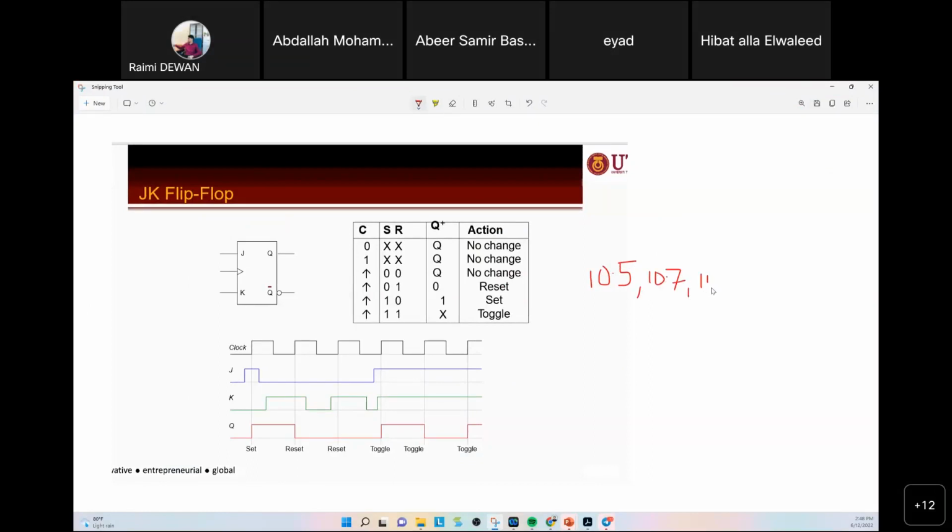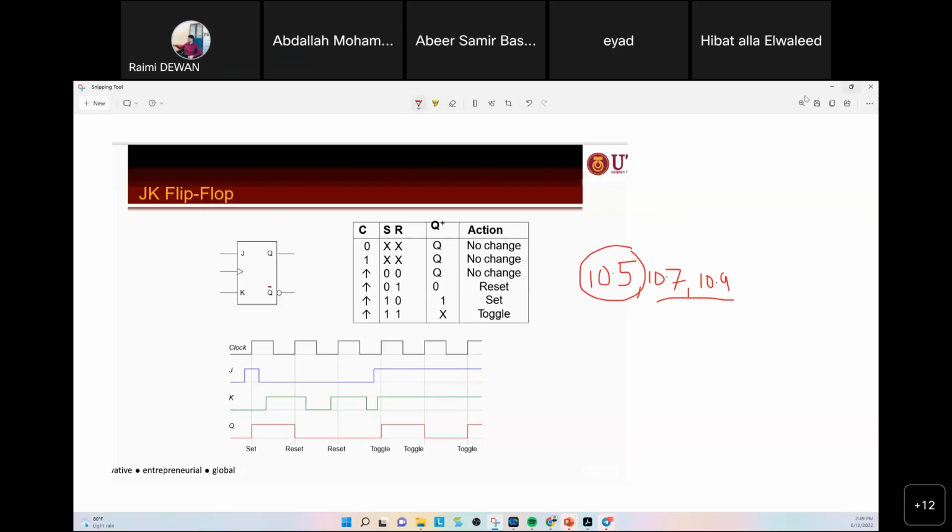I will pick at random which one to be discussed. You have done 10.5 previously, so you just need to do 10.7 and 10.9. Please try to do that, because if you don't, you will not know whether you understand or not.